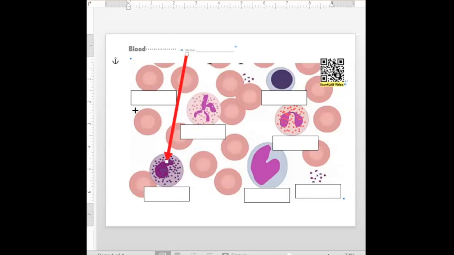Number four, give me the name of this. For the test, it has a marble background, that one.